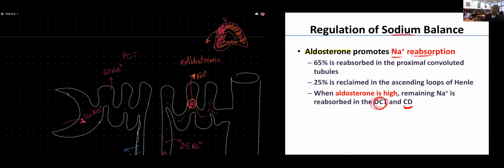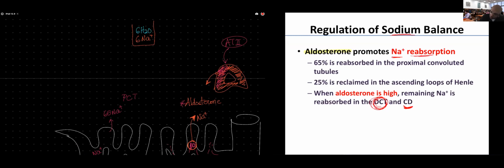But what if I have a normal blood pressure or a higher blood pressure? You wouldn't be forming angiotensin II because you have normal blood pressure, so the renin will not be released, and if you're not releasing renin, you will not be converting angiotensinogen into angiotensin 1, so you don't have angiotensin 2.